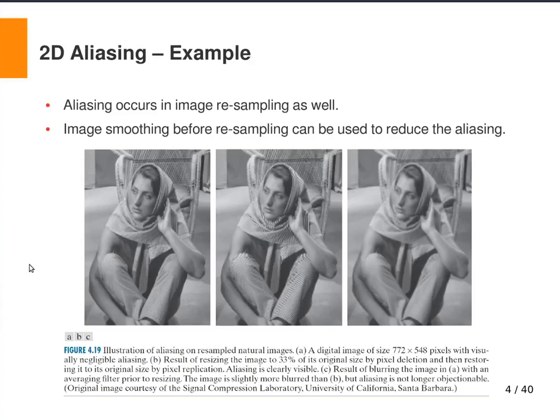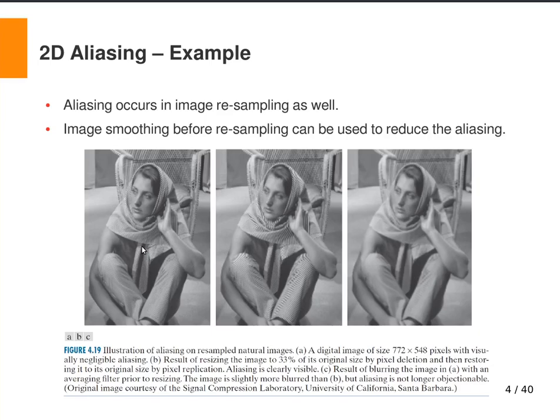The effect of not satisfying those two conditions is aliasing, which occurs when we do sampling or even when we do resampling of images. Here on the left we have the original image and there is no visible aliasing, but if we reduce the size of this image to 1/3 in each dimension, we now see these extra patterns that were not there in the original image, and that is the effect of aliasing.